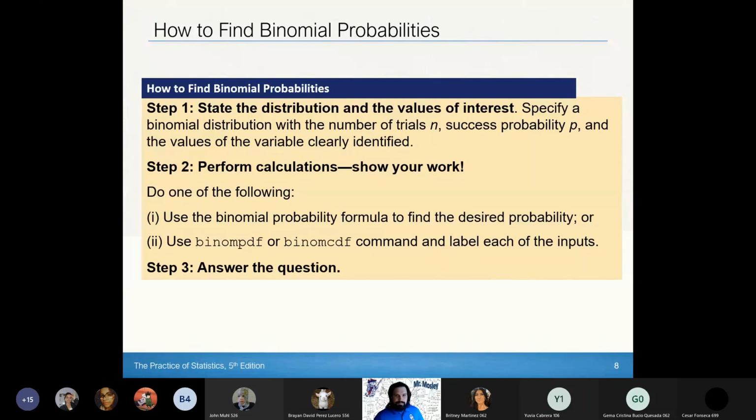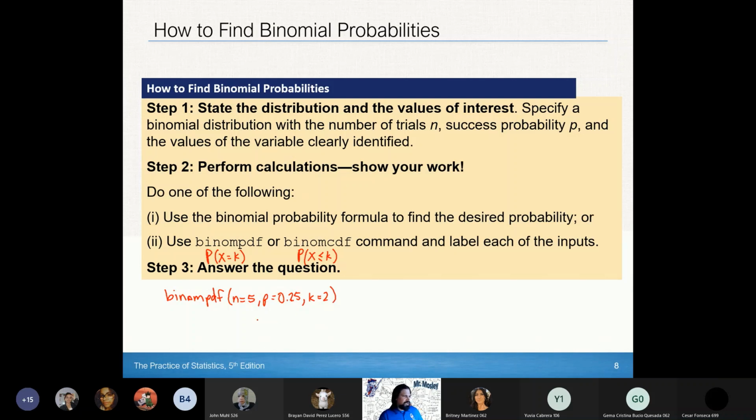So real quick, the binomial PDF gives us the probability of X equaling K. CDF is the probability of X less than or equal to K. Now for labeling, if we're going through work and it says find the probability of this in this binomial distribution, you'll say, I used the binomial PDF function with n equals 5 trials, probability of success of 0.25, and K equals 2.